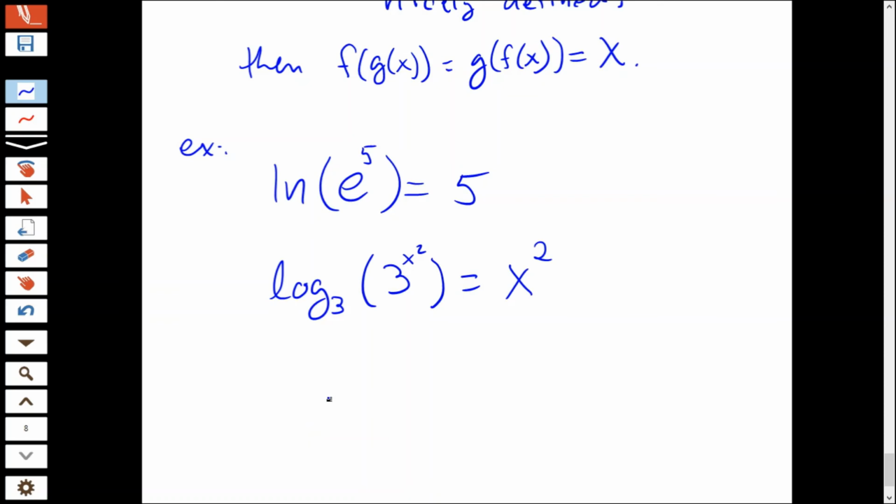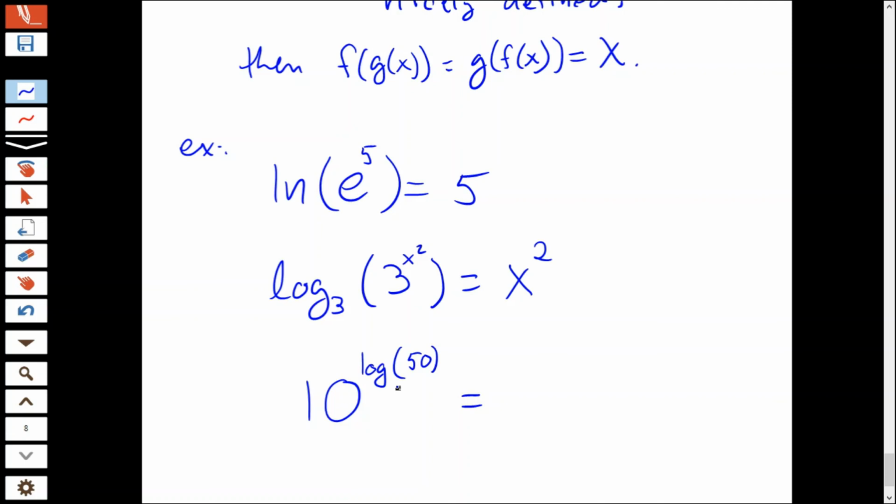We can compose in the other direction. 10 to the log of 50. Well, of course, this is a common log. I didn't put a base there. So the log spits out and says, okay, 10 to the what power equals 50? Well, 10 to the something equals 50. I don't know what that's going to be. In between 1 and 2, you would get an exponent that would equal 50.